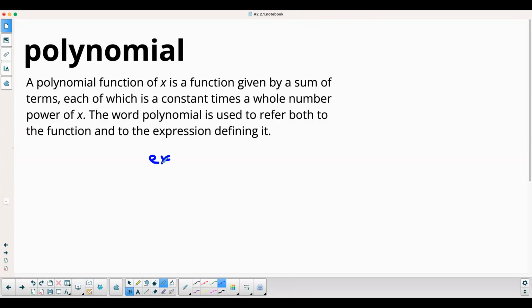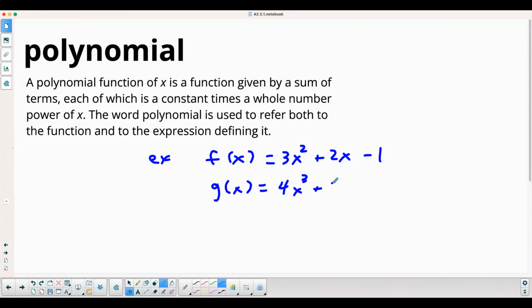So an example, I call f of x my function, 3x squared plus 2x minus 1. If I got another one, g of x, 4x to the third plus 2x minus 1. All right, those are some examples.